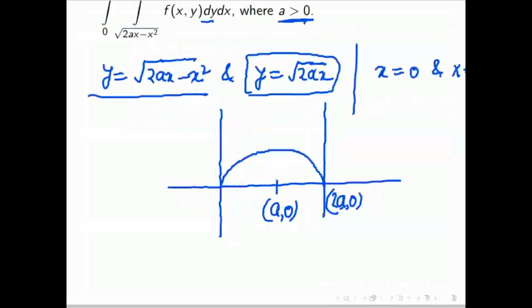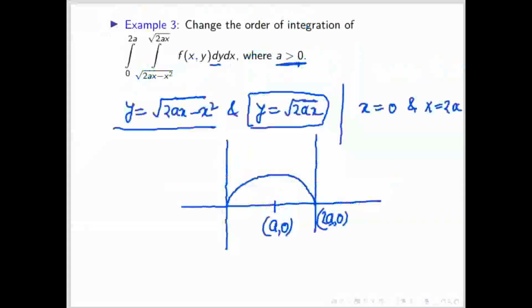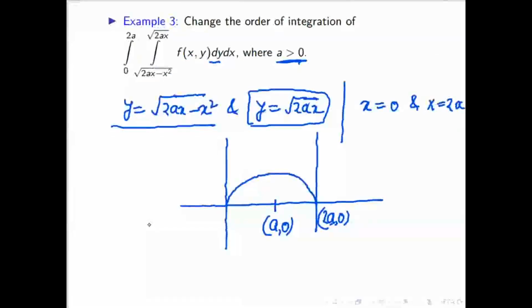Yes, so it is 2a, but this circle have radius only a, so it is parabola something like this, because y is positive, so it will not go at the fourth quadrant. So this one is the picture of y from square root of 2ax minus x square to square root of 2ax.